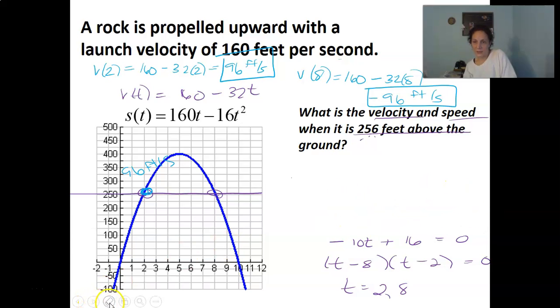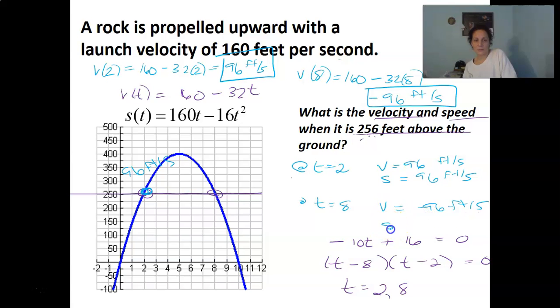Okay, so to answer this, we might say, what is the velocity and speed? We would say at t equals 2, velocity equals 96 feet per second, speed equals 96 feet per second, and then at t equals 8, velocity equals negative 96 feet per second, speed equals 96 feet per second. Make sure you give both of those because they ask for both.